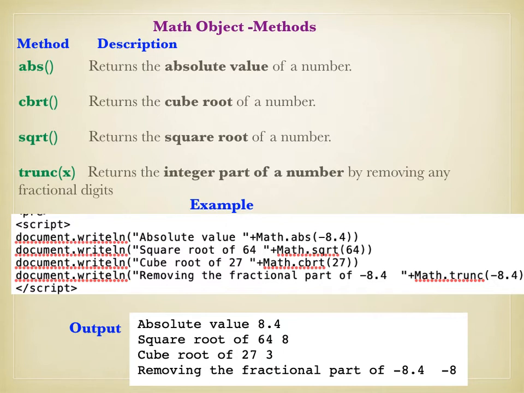Trunc returns the integer part of a number by removing any fractional digits. That is, it will remove the fractional part and will specify the output of minus 8.4 as minus 8.